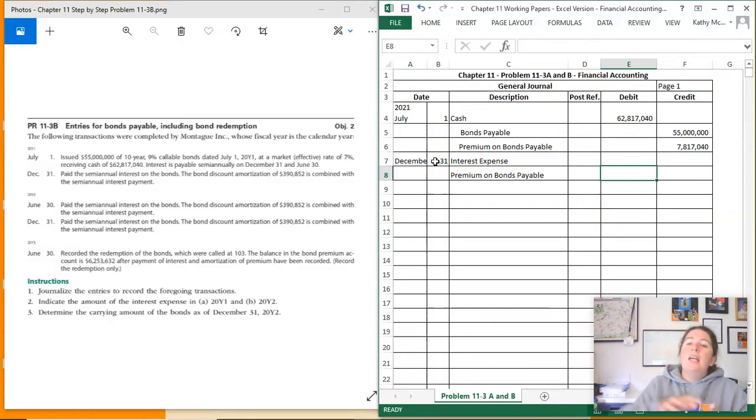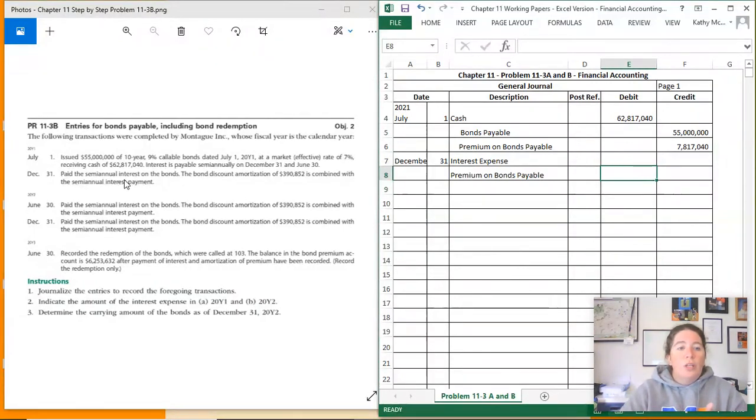What this means is this premium that we have right here, we are going to amortize or depreciate, if that word makes a little more sense, even though it's not the correct term, you might understand it better that way, a certain amount of this premium that we have made.